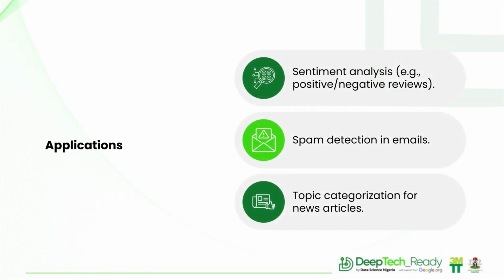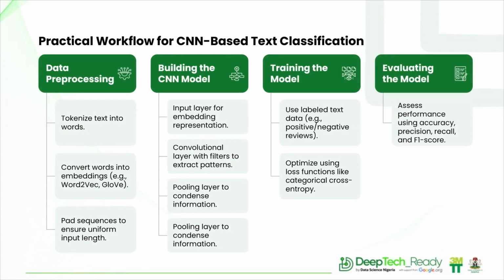Now, convolutional neural networks can be applied in NLP for sentiment analysis, spam detection in emails, topic categorization for news articles, amongst many other useful applications. The practical workflow for any CNN-based text classifier is to begin with data pre-processing, where you tokenize the text into words, convert the words into embeddings, and then pad the sequence to ensure uniformity.